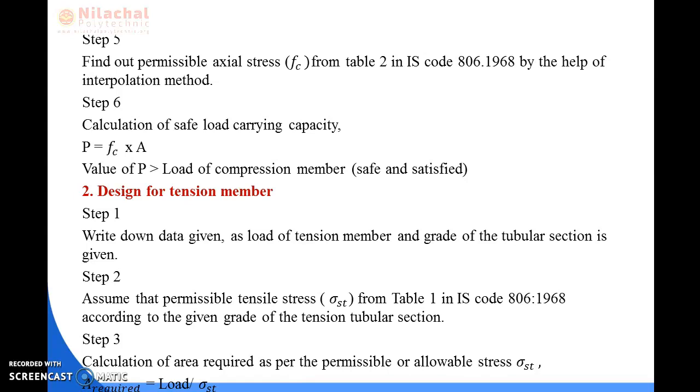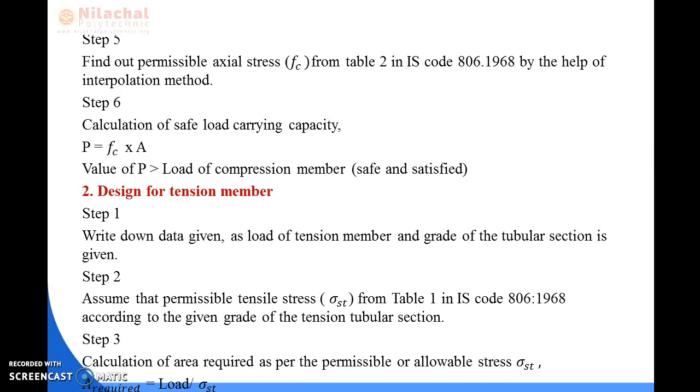Here we need to calculate the safe load carrying capacity, so P is equal to FC into area. And lastly, the value of P should be more than the load of the compression member. If this condition is satisfied, then we can say the structure is safe.